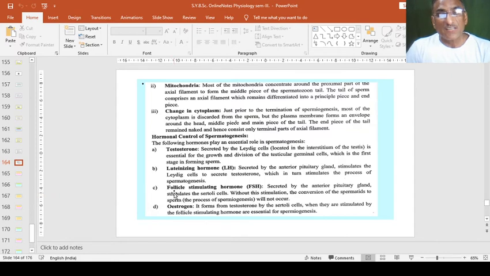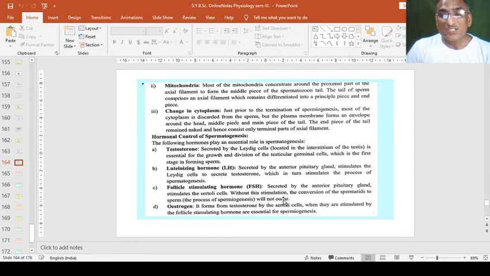Third one is FSH, the follicle stimulating hormone. This hormone is secreted by the anterior pituitary gland and stimulates the Sertoli cells. We have seen the Sertoli cells and spermatogonial cells in the seminiferous tubules in the testes. So the Sertoli cells are stimulated by this hormone.